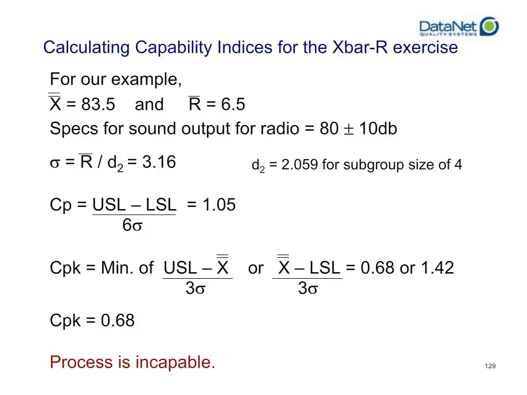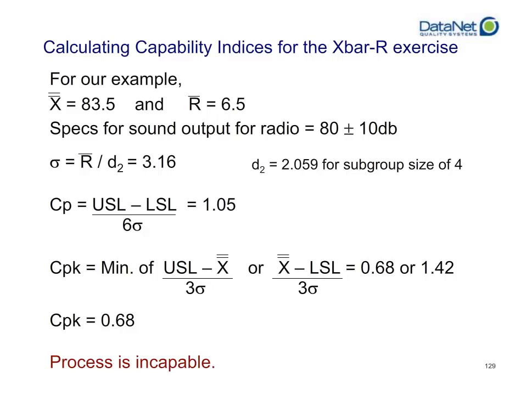So we see that the sigma value, the standard deviation, is 3.16. Our CP value is 1.05. Our CPK is the minimum between 0.68 and 1.42.